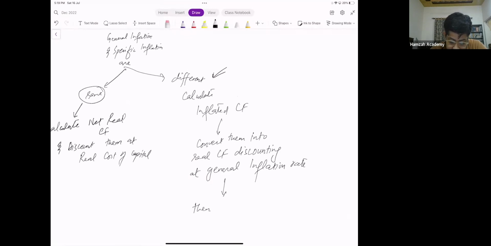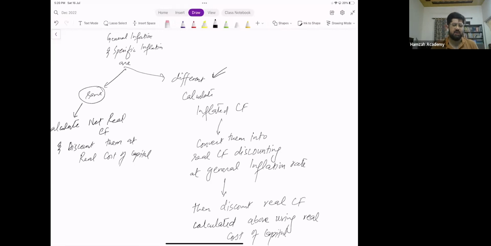Then discount the real cash flows calculated above using the real cost of capital. It is a bit messy. I will show you the calculation. We have to do a question on it from past lectures.